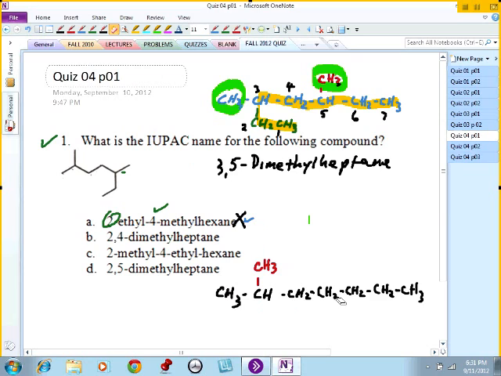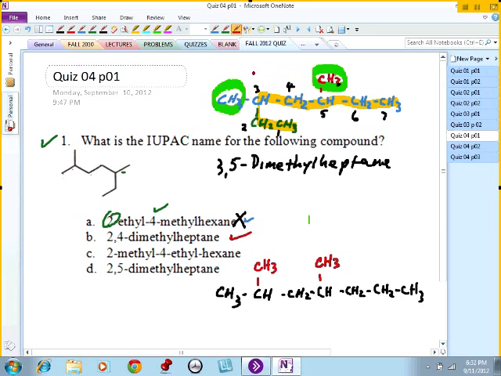So we take this out. We place another methyl group. And so therefore that becomes 2,4-dimethylheptane. Okay, is the name they gave us correct? It's correct, right? Okay. Very good. So everybody clear with that?